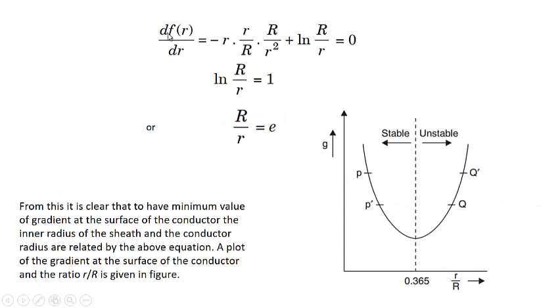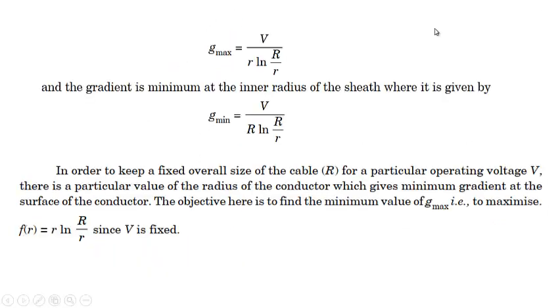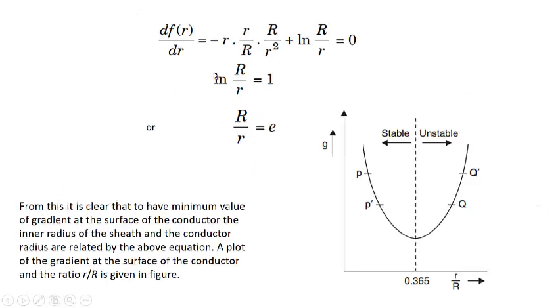So when we differentiate it, df(r) by dr, it comes out to be minus r, and the differentiation of ln of R by r will be its reciprocal, that is minus r into r by R, into the internal differentiation of R by r, that is R by r square, plus the differentiation of r, that is 1, times ln of R by r, which remains as it is.